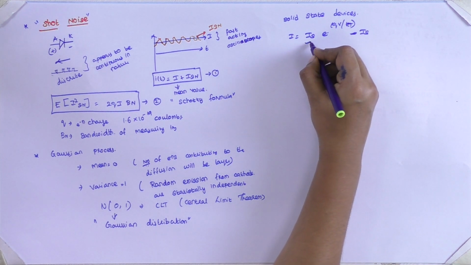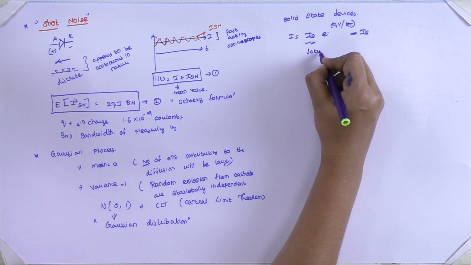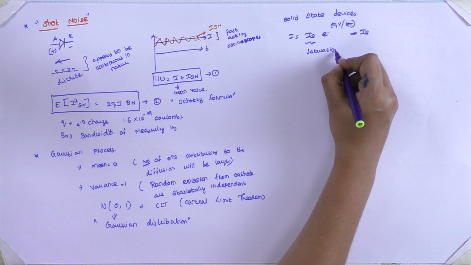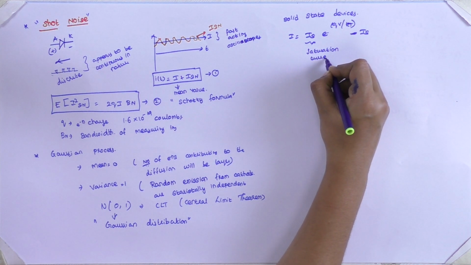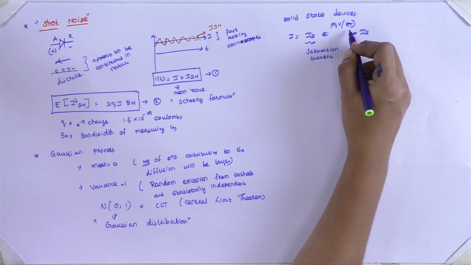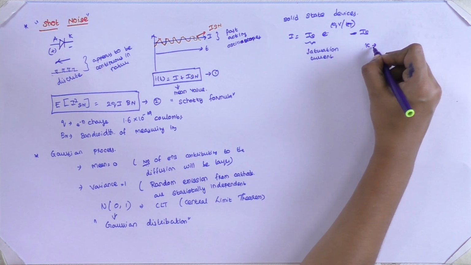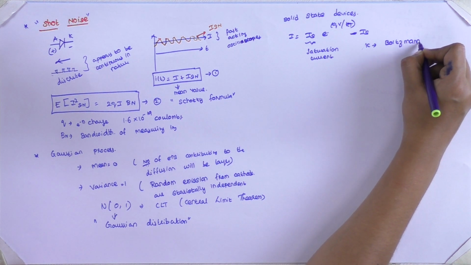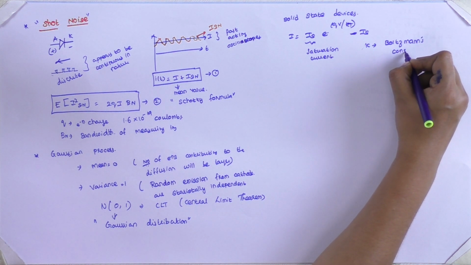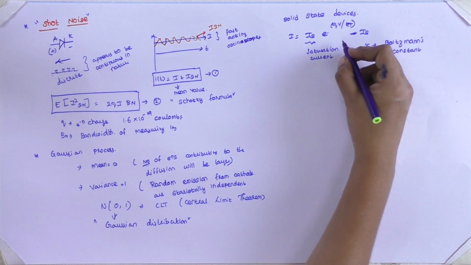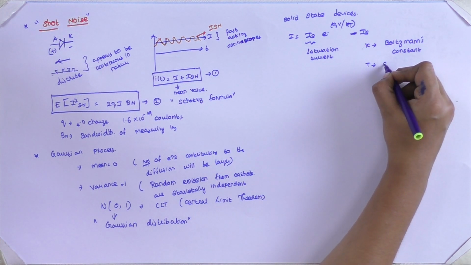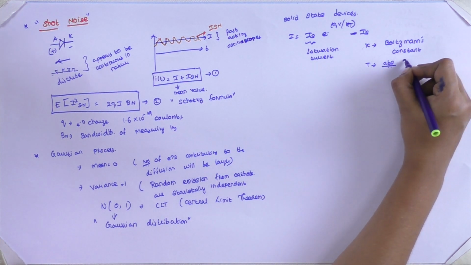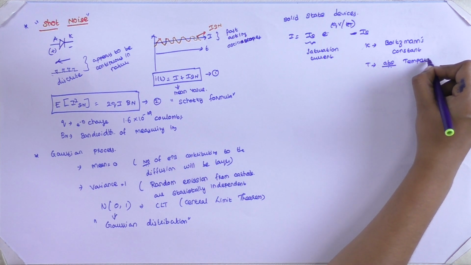Therefore, I_s is the saturation current, q stands for the charge, V stands for the voltage, K stands for the Boltzmann constant, based on quantum mechanics, and T stands for absolute temperature, in Kelvin.